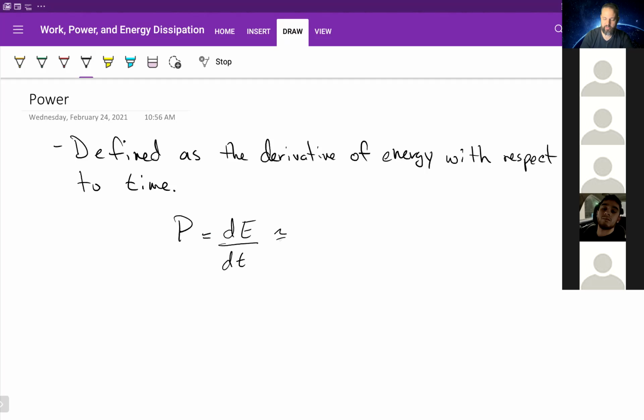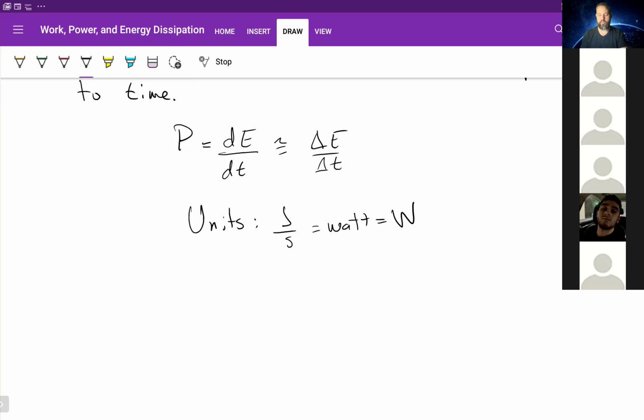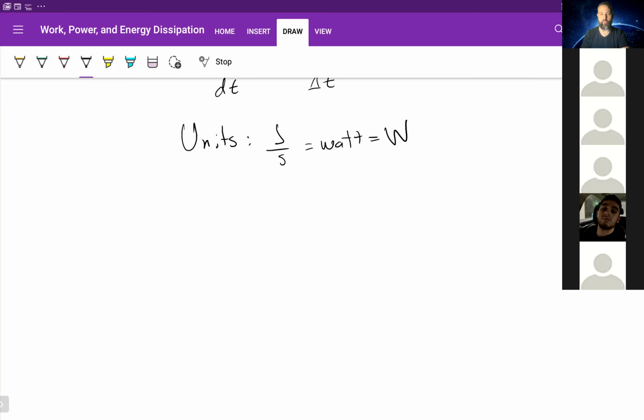And so that's about equal to a change in energy over a change in time. The units are the joule per second, and we call that a watt. And again, that's after the guy Watt. He came up with how to measure power by coming up with horsepower.